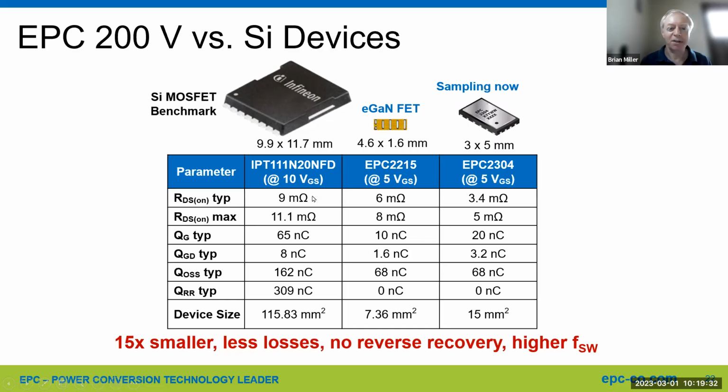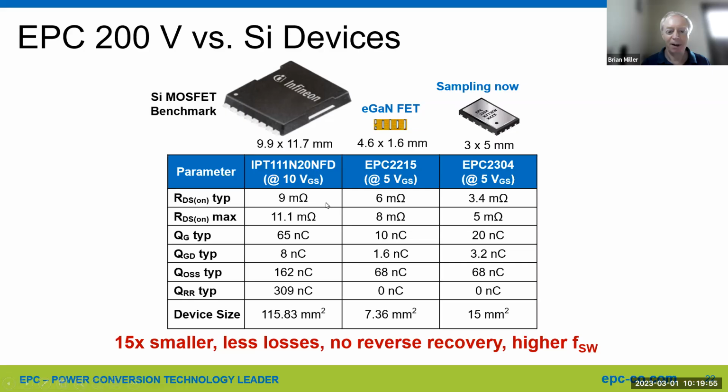Actually, the highest resistance is the silicon MOSFET. The 2 GaN FETs, and this is the picture here of the one I was just discussing on the previous page, a 3x5 millimeter QFN package with a typical RDS(on) of 3.4 milliohms.